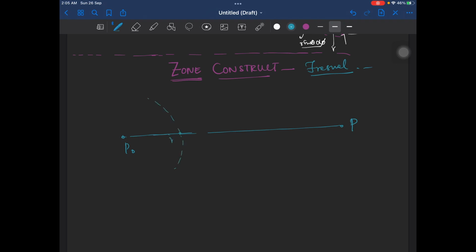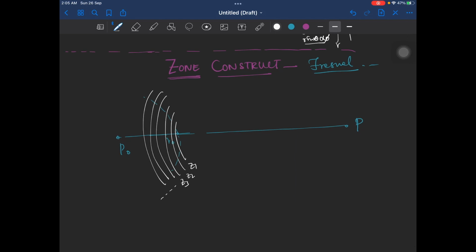It's constructing some spheres, resulting in different zones and so on, and the edges of these lie at b plus lambda by 2, b plus 3 lambda by 2, 5 lambda by 2, and so on.